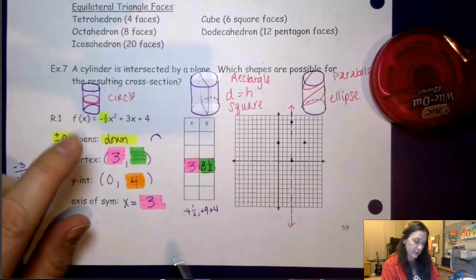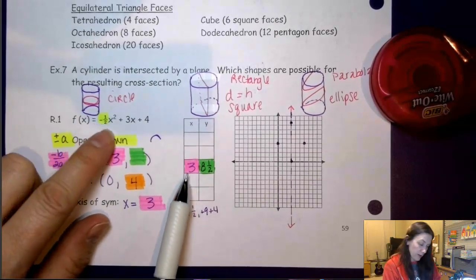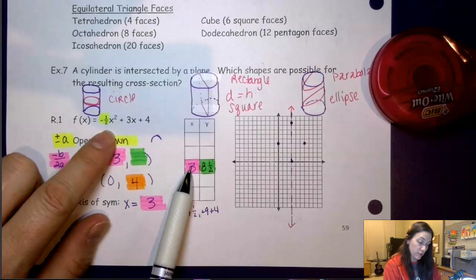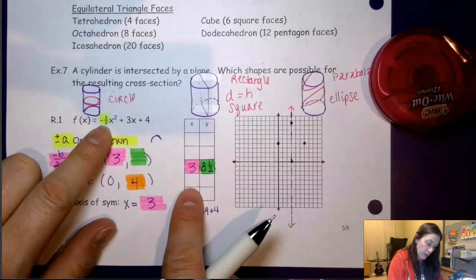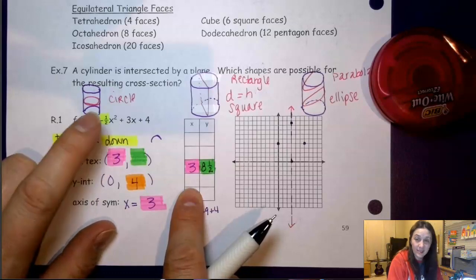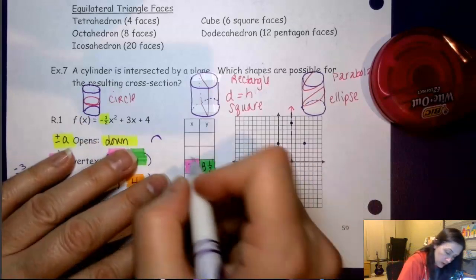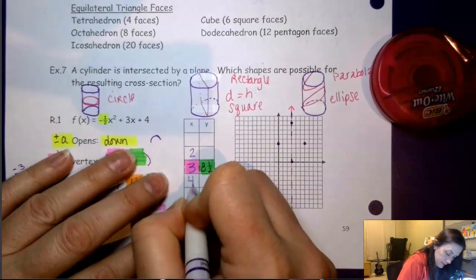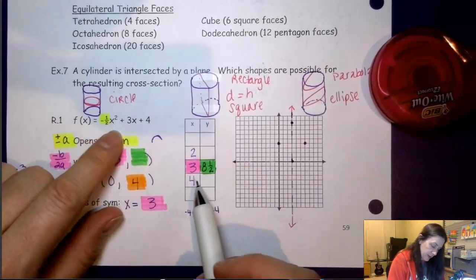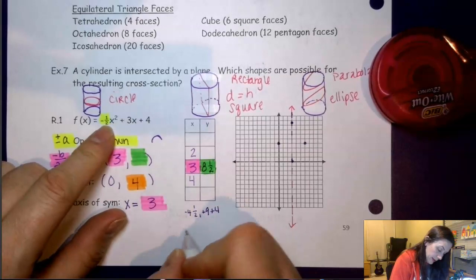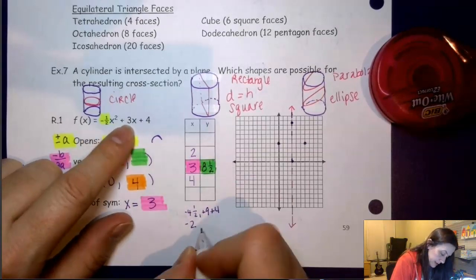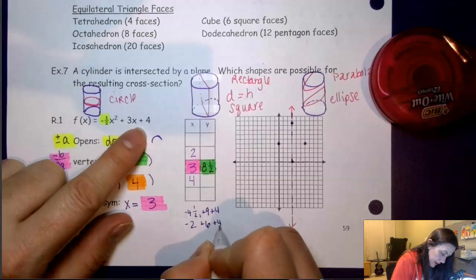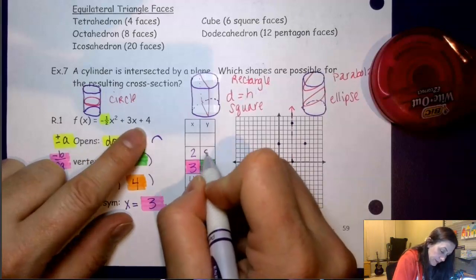Okay, now what I want to do is pick numbers that I can square around 3. If I go 2 squared, I can take half of that. That's going to work. If I do 4 squared, I can take half of that. That's going to work. I'm going to pick 2 and I'm going to pick 4. Now if I do 2 squared, 4 divided by 2, I get negative 2. 2 times 3, I get 6, plus 4, I get 10, minus 2, I get 8 here.